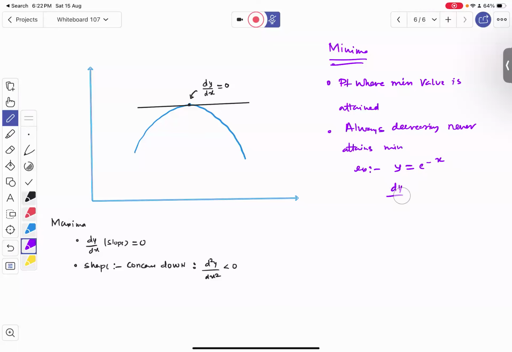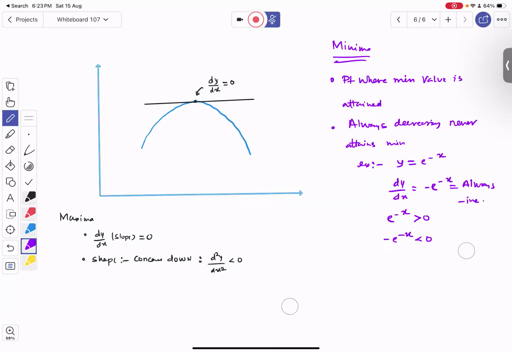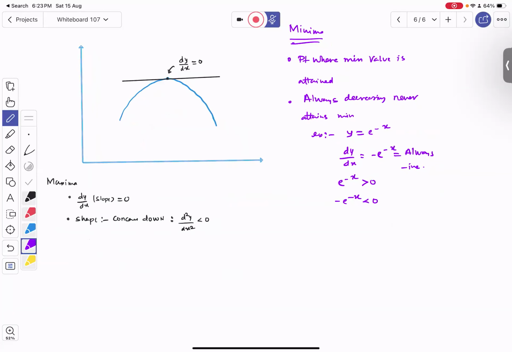You see, his dy by dx will be minus of e power minus x. And e power minus x, with the minus in the power, can never be negative, no? So this quantity is always more than zero. So minus of that will be what? Always less than zero. So his dy by dx is always negative. So he is an example of an always decreasing function.